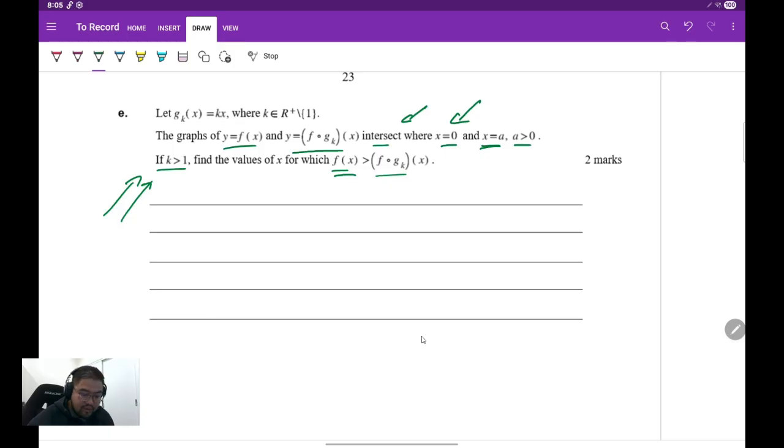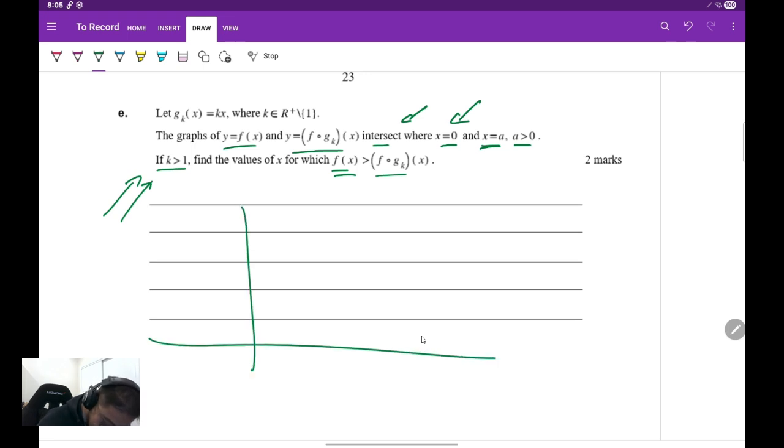So what I'm going to do is propose that we draw up a graph. If we draw up a graph, this is our normal f of x graph. That's a terrible f of x graph.